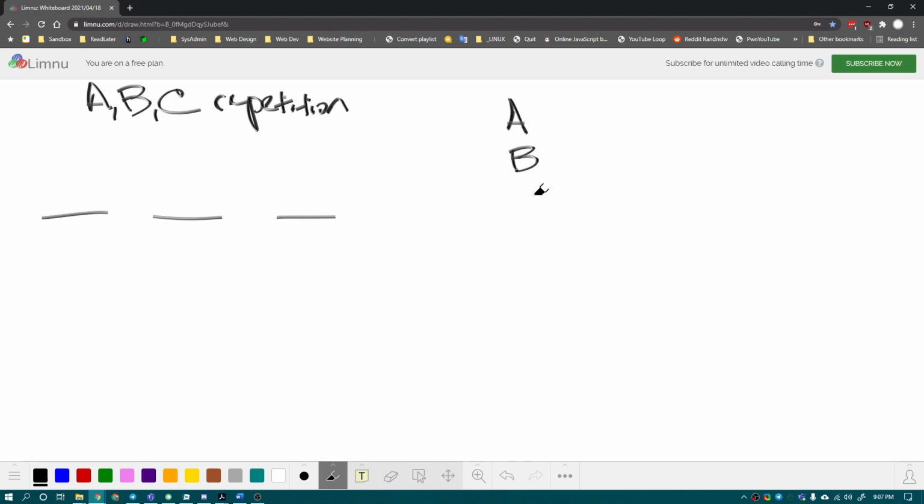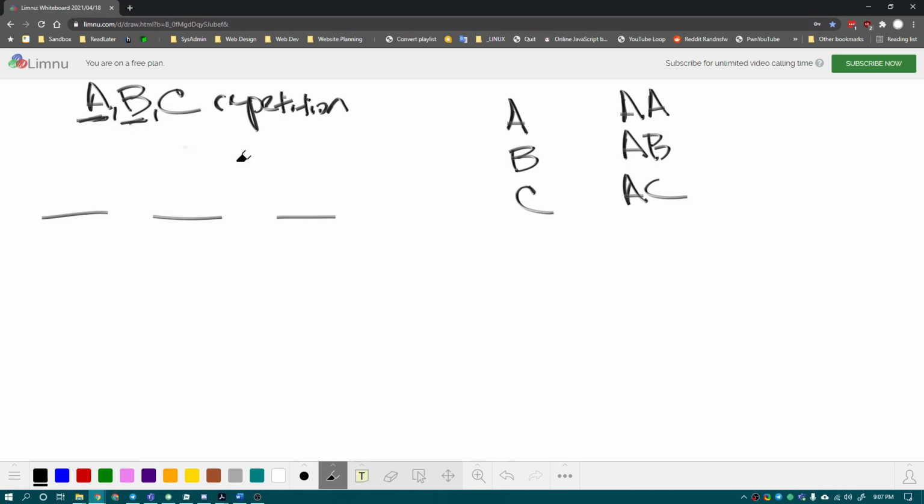A, B, and C. That's every possibility just for 1 character. Then for 2 characters I'm going to start with my first character, and I'm just going to put A, and then whatever I have in this column. So I have AA, AB, and AC.